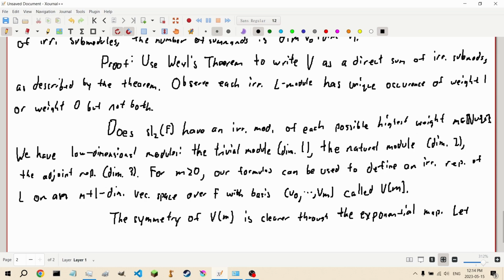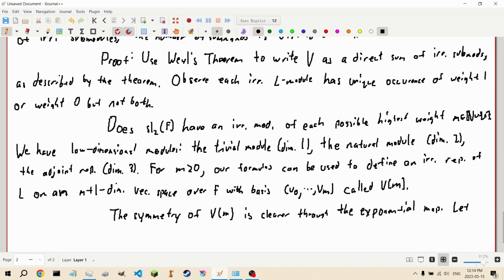We're going to find a representation phi from L to the general linear Lie algebra of our constructed Vm. This is going to be the irreducible representation of highest weight m that we constructed above in the last paragraph.